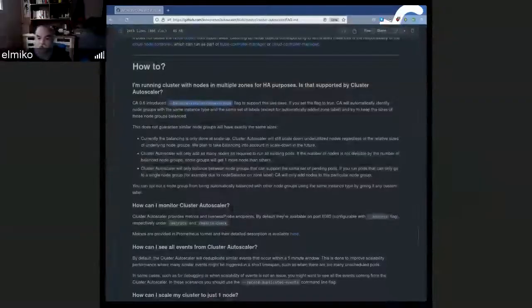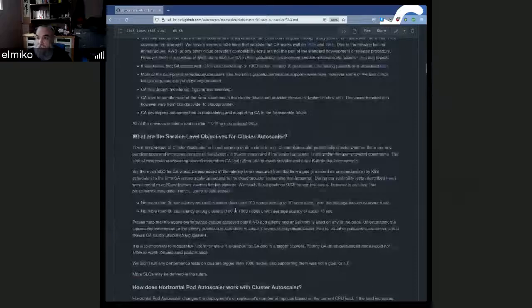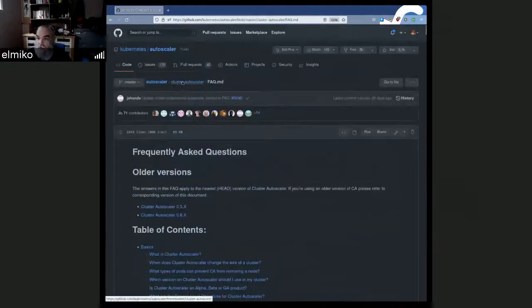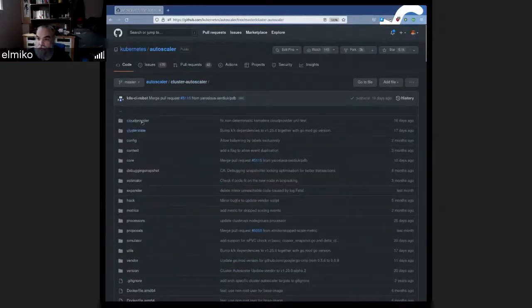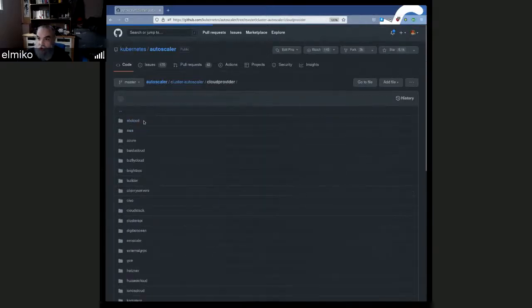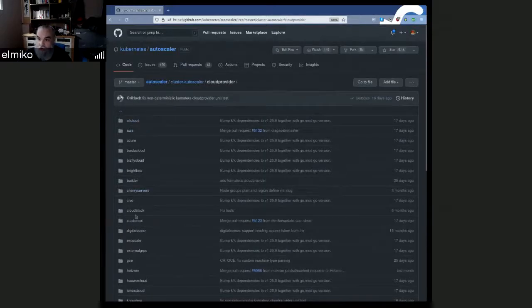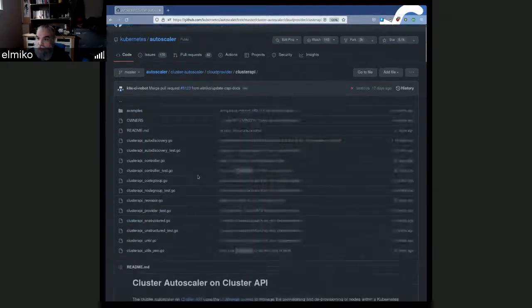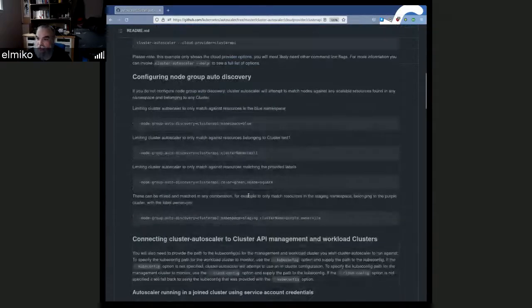Yeah, that's a good question. So you're right at some level. I'm going to go back to sharing because I'll show you where this is in the code. The autoscaler is kind of like a controller, and it's just reconciling records in the case of Cluster API. I'm in the autoscaler repo looking at Cluster Autoscaler, cloud provider, Cluster API, and this is where all of our documentation is.